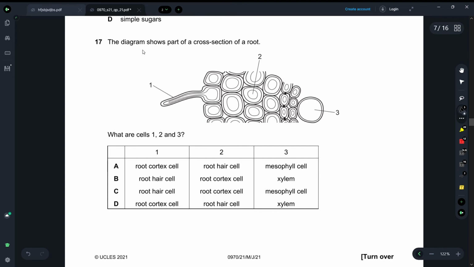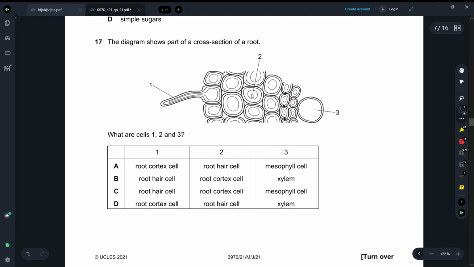Okay, so the diagram shows part of a cross section of a root. And what are 1, 2, and 3? They're asking us which cells there are in the root. Number one is the root hair cell, because root cortex cell is number 2, I think.